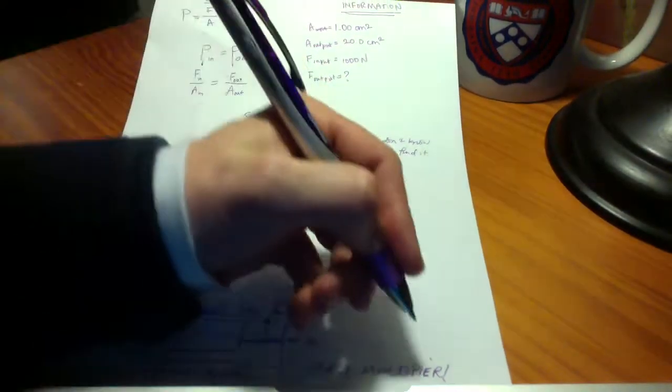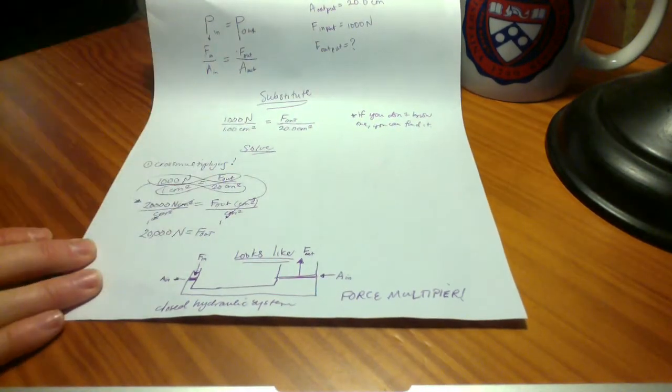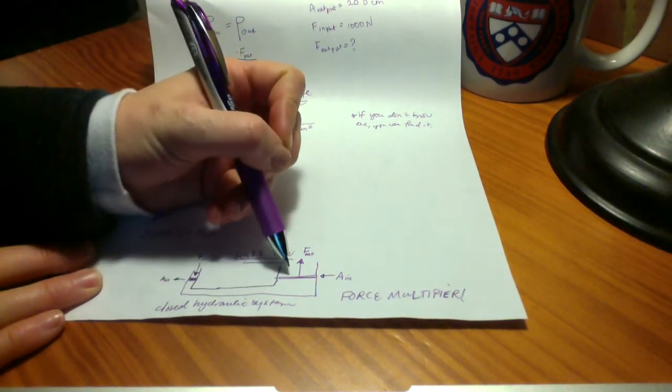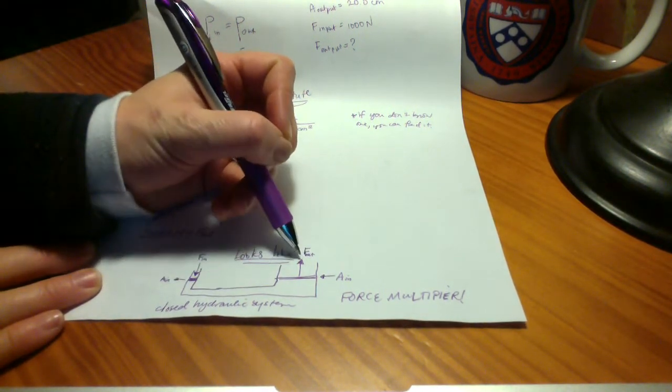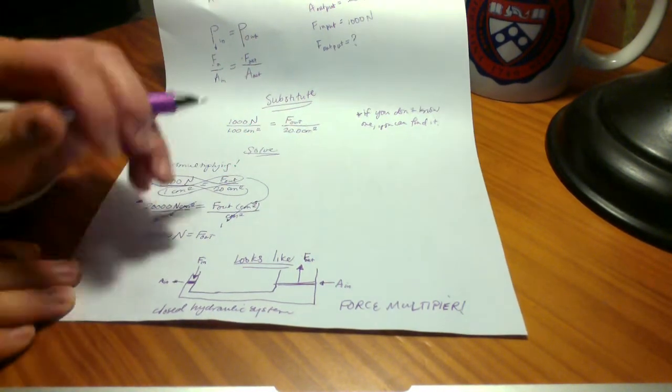Okay? And a force multiplier will actually take a very small force, just like when I use my brake. So it'll take the small force from my foot and it will turn it into enough force to actually stop my giant minivan, which is great because then I don't run into anything.